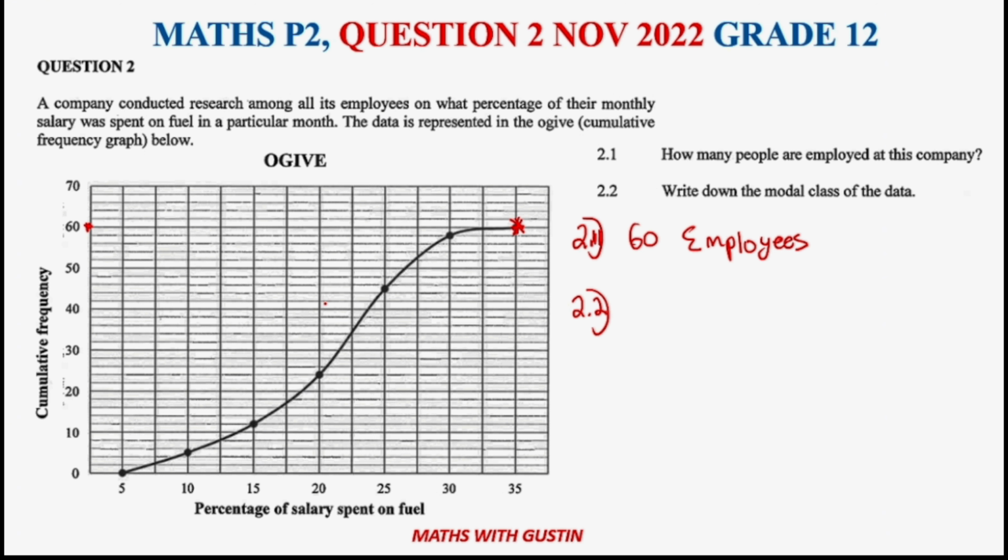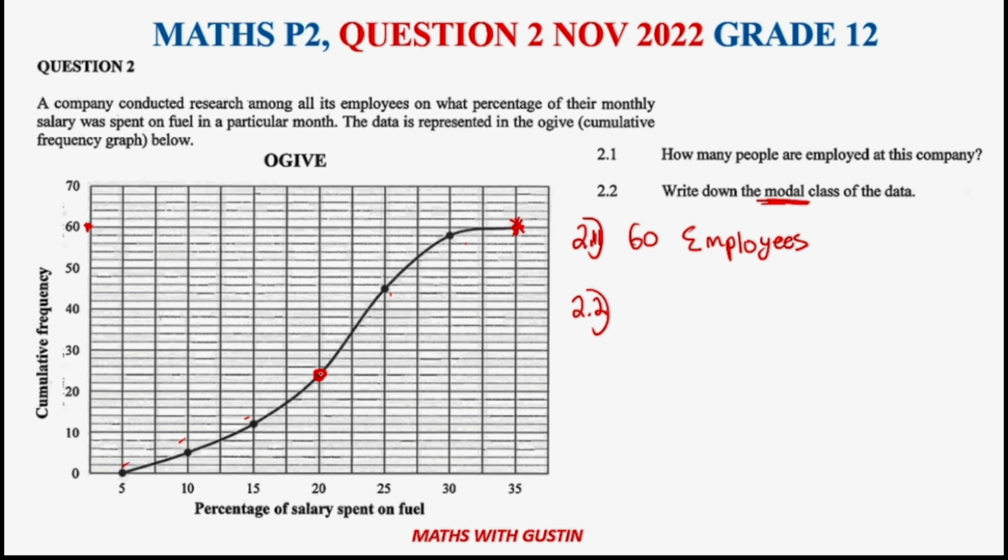So what I will do, because the modal class is the middlemost class, I would count the number of dots that we have here. We have got 7 dots here, so we've got 1, 2, 3, and then we've got 1, 2, 3. So the middlemost is this one here. Can you see, guys? The middlemost is this one here.